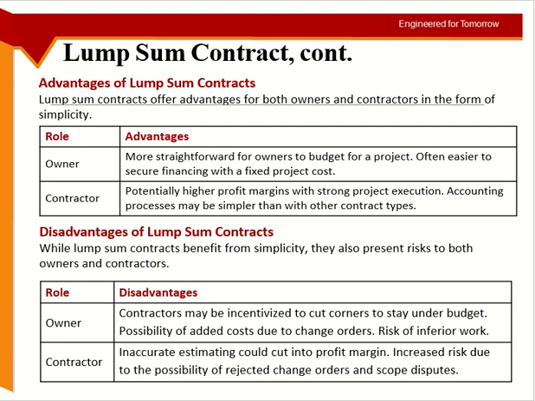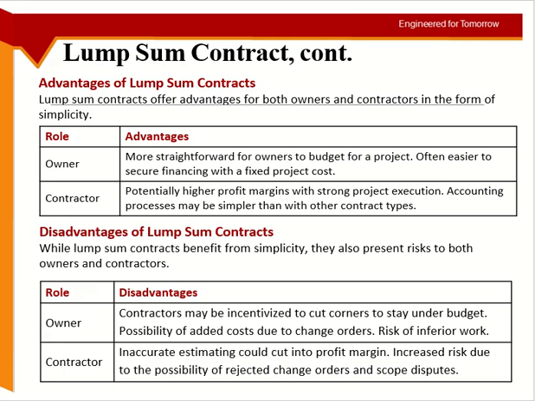For the contractor, there is the risk factor we already talked about. If there is any problem with the estimation, he has to bear the cost. He is taking that risk, and that risk will come from his profit margin. If there was any problem with the estimation or the plan, any extra cost is going from his profit margin.